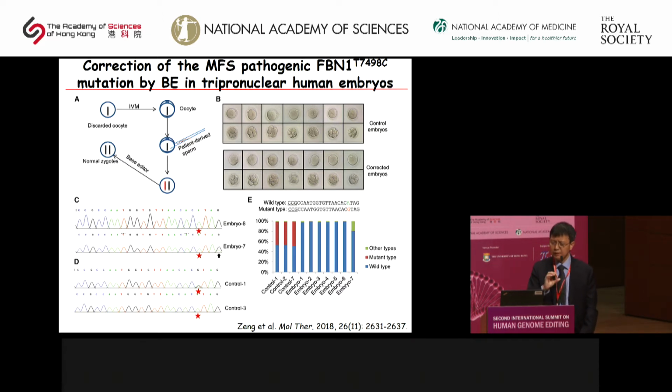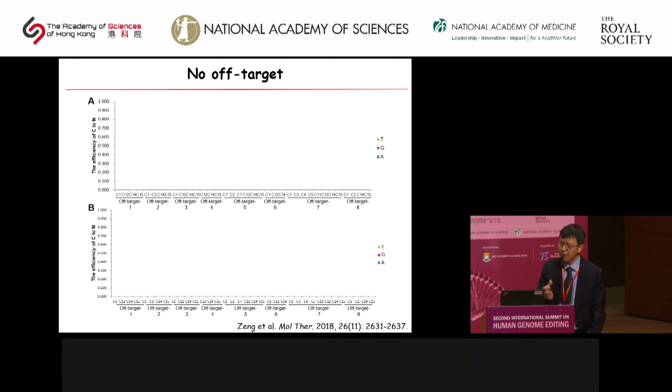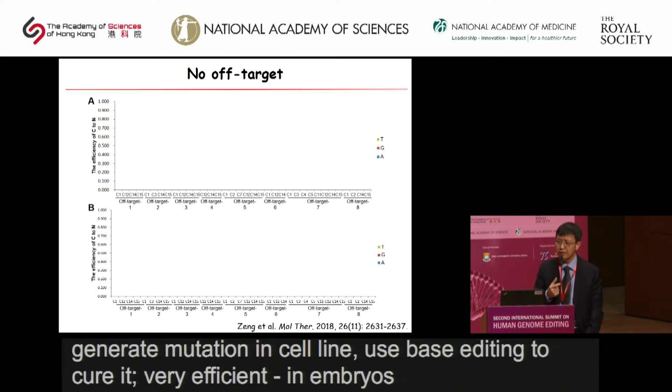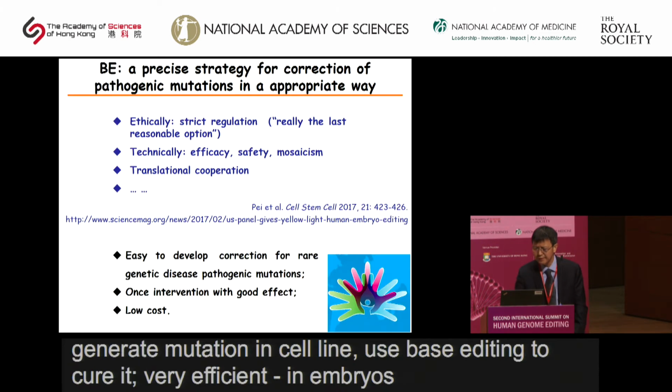After that, we used discarded tripronuclear human embryos to demonstrate the correction, which is shown here to be very efficient, and also no off-target was detected by current analysis, including whole genome sequencing and deep sequencing.